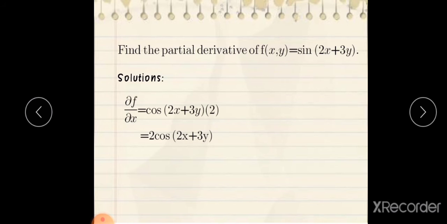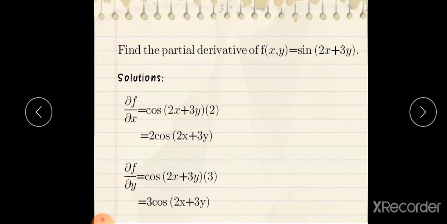So the partial derivative of the function with respect to x is the derivative of sine of 2x plus 3y, which is equal to cosine of 2x plus 3y times 2. And we can treat the other variable, which is y, as a constant. So we have the final answer: 2 cosine of 2x plus 3y.